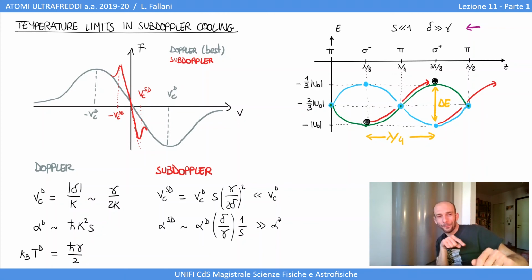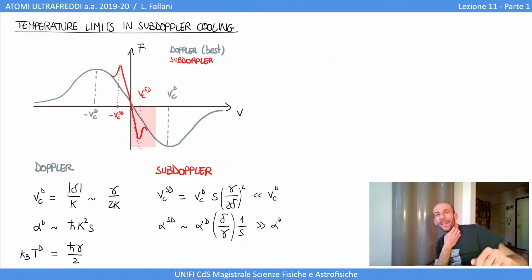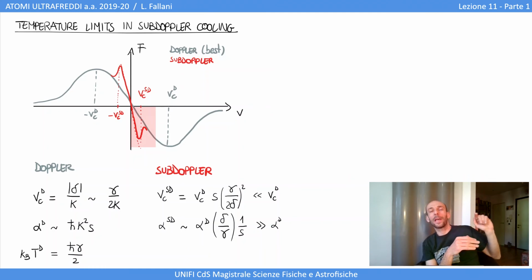And so let me take that numerical example again now, and you can see basically that these characteristics are already in the simulation. So you have a higher steepness, but on a smaller velocity range. The Doppler capture velocity is, in this graph, out of scale, so it is much higher than the subdoppler capture velocity.